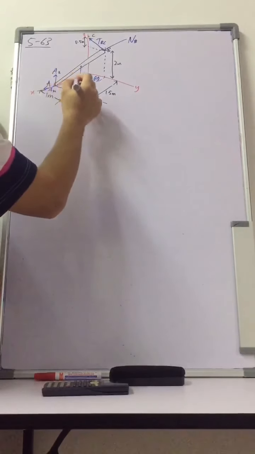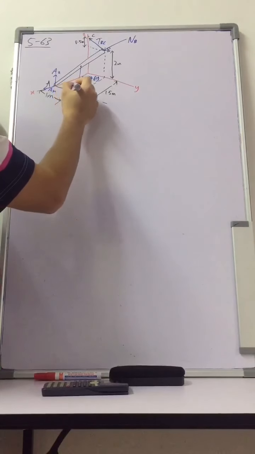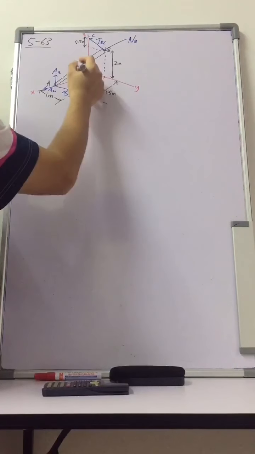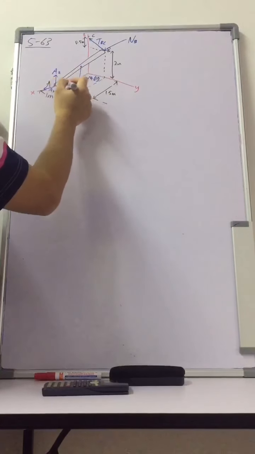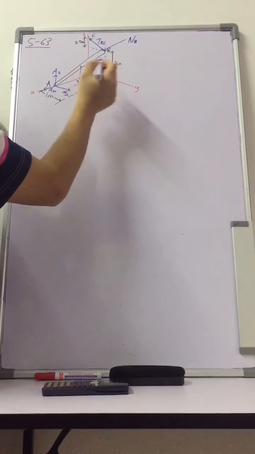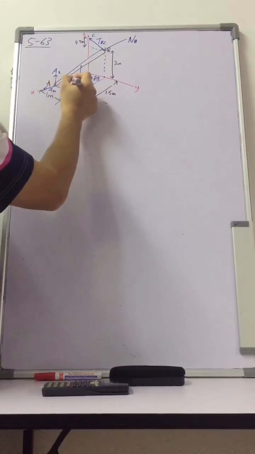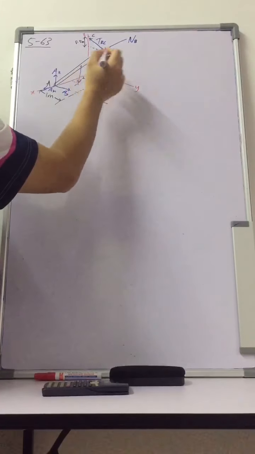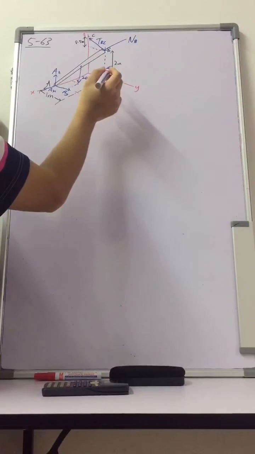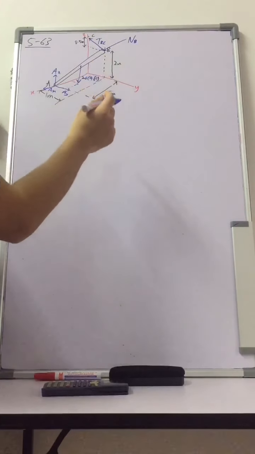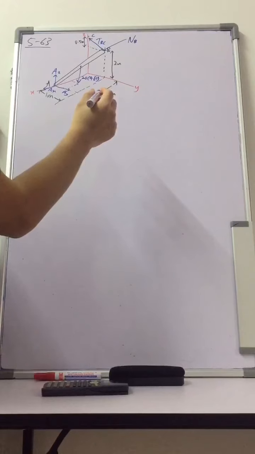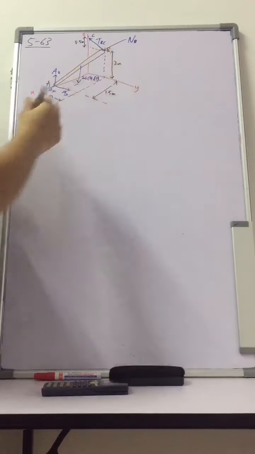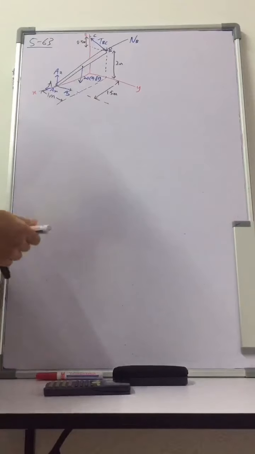Which means that I'll draw it from here. You go half of this, and then going this way, half of that, going this way, and half of this. So where's the location of this weight?